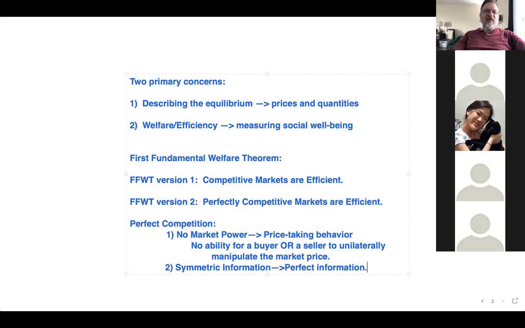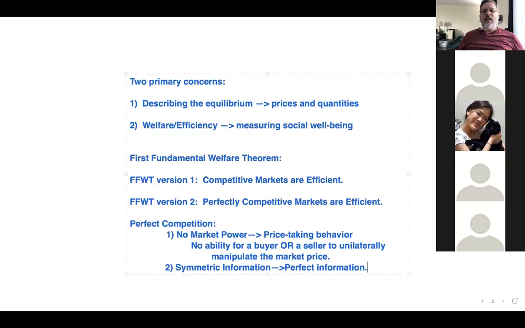And again, there's some subtlety here, but the idea behind perfect information, as an extreme case, is that it assumes there's zero uncertainty, right? So everybody knows exactly what's going on, which isn't always the case. A lot of times, life is a gamble, when you buy insurance and things like that.